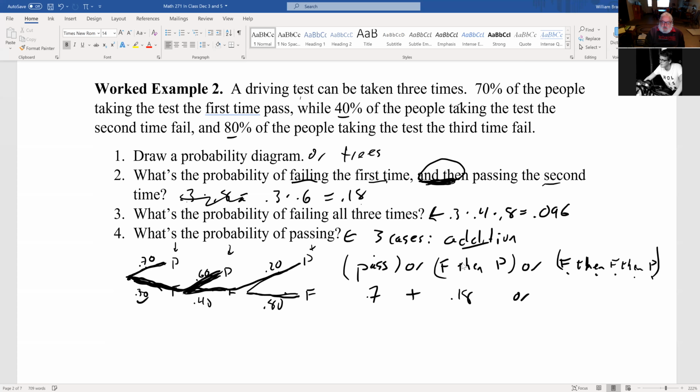Fail, fail, then pass, that's 0.3 times 0.4 times 0.2, which is 0.12 times 0.2, 0.024.